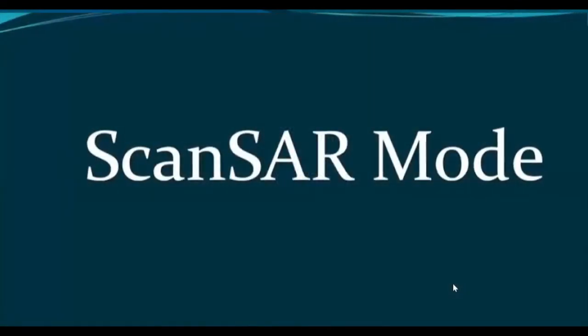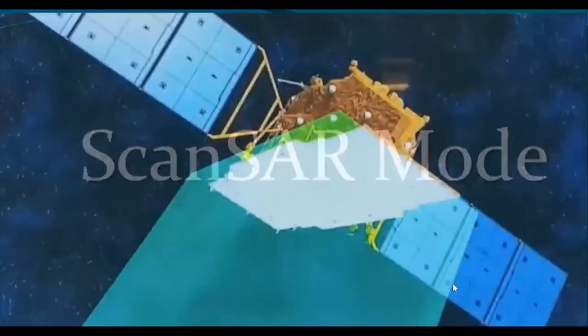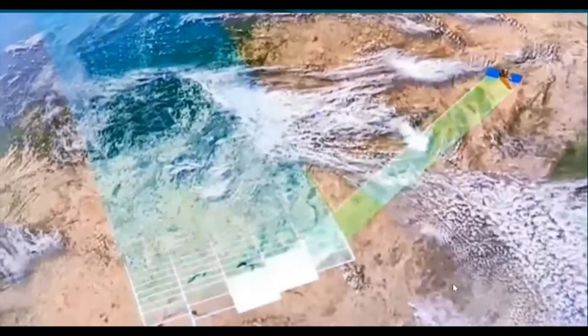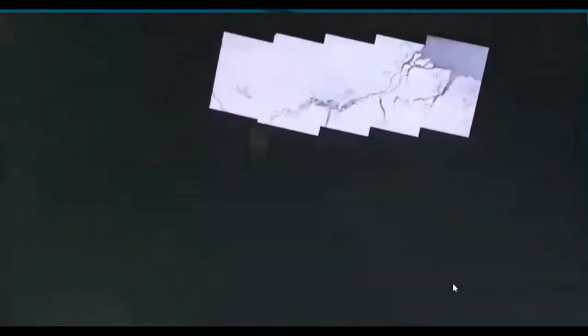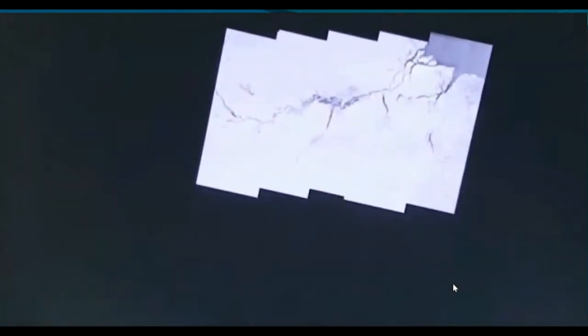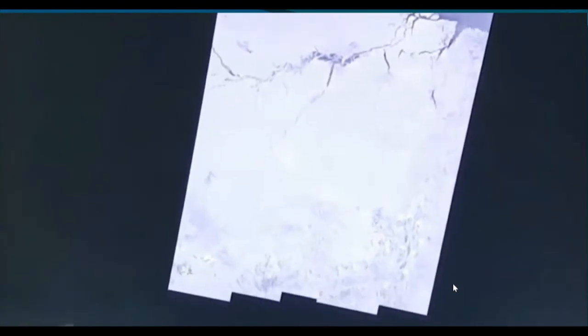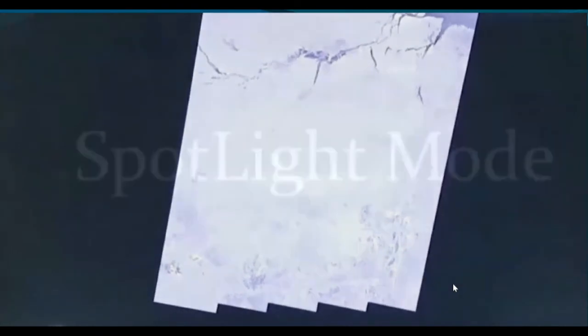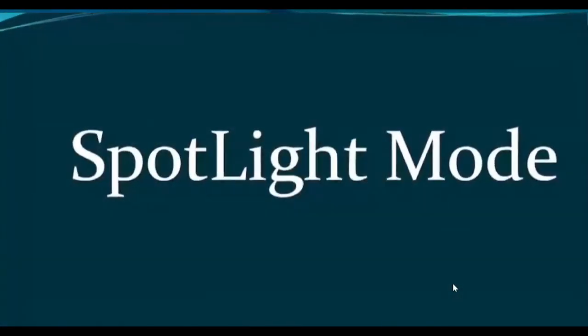Then is the ScanSAR mode. In ScanSAR mode, the sensor will be tilted, and along the swath different areas will be focused, and ultimately we will have a very wider swath. However, the spatial resolution will be sacrificed. So the images form like this. Next is spotlight mode.